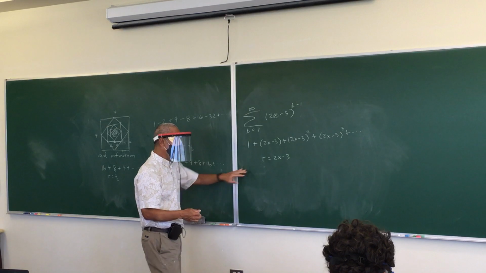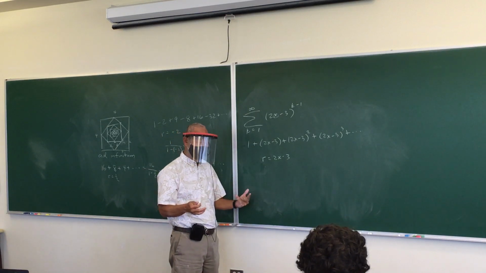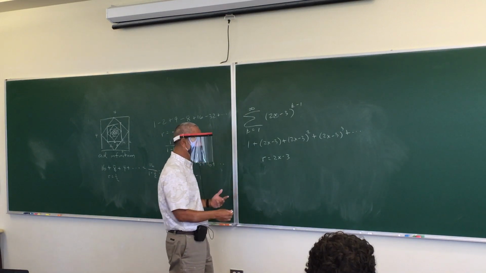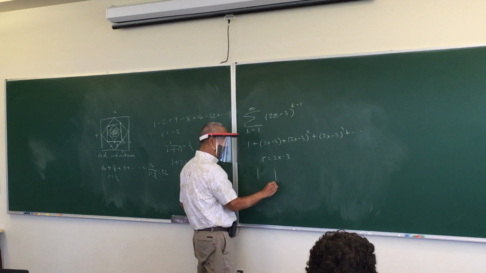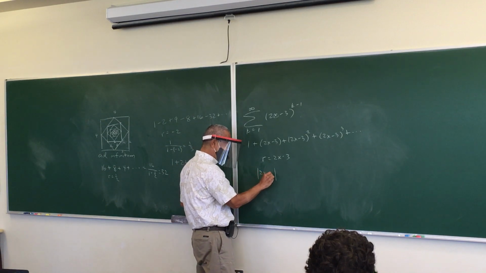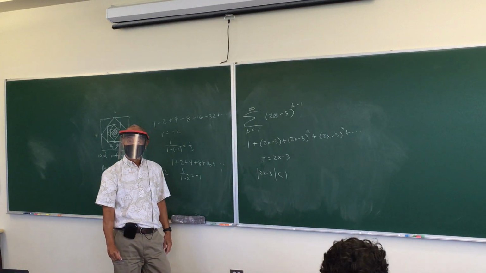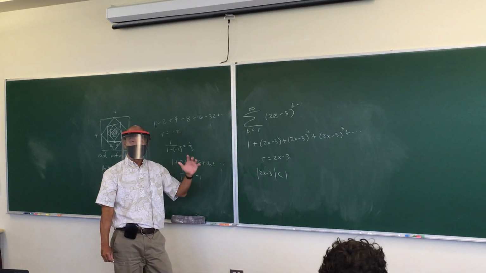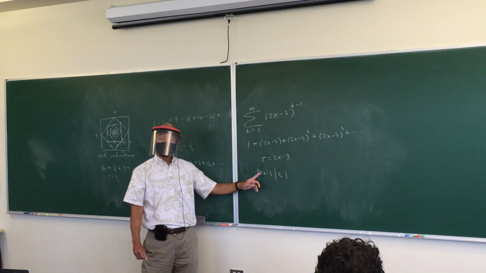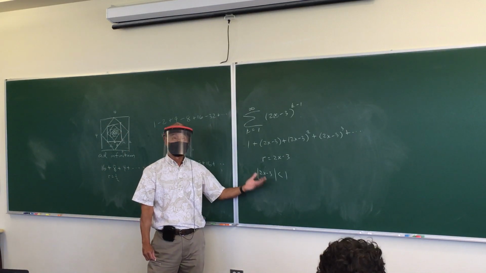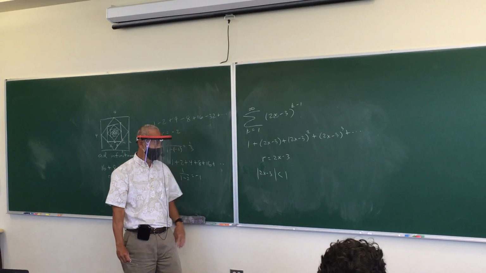In order for a geometric series to converge, the absolute value of r, which is this, has to be less than 1. Otherwise, it diverges. So if you solve for x in this inequality, that will tell you the interval of convergence.